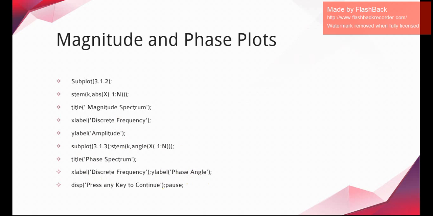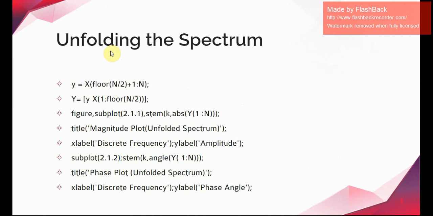Similarly, we obtain the magnitude and phase plot in unwrapped manner, that is, unfolding the spectrum. Here also we use the floor function to get the absolute value. The subplot and stem function are used so that the unfolded spectrum of both magnitude and phase is obtained on the same page and compared easily.